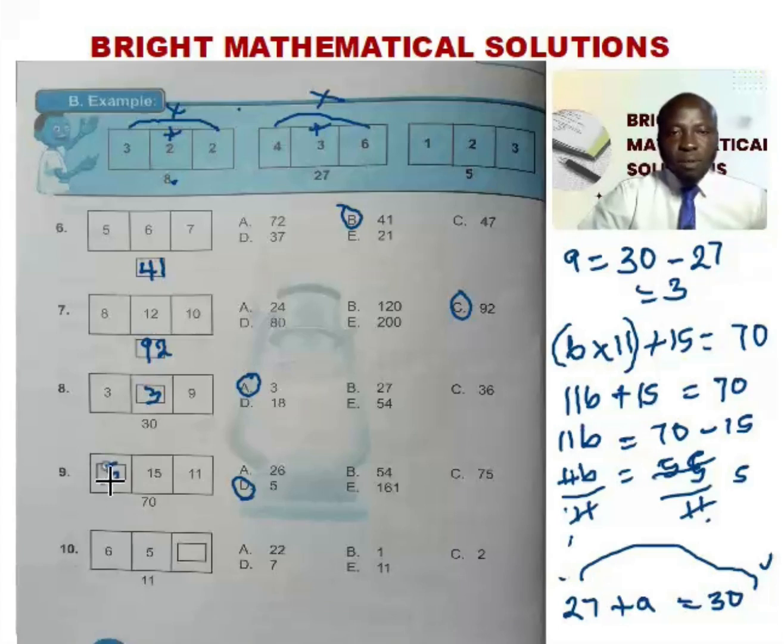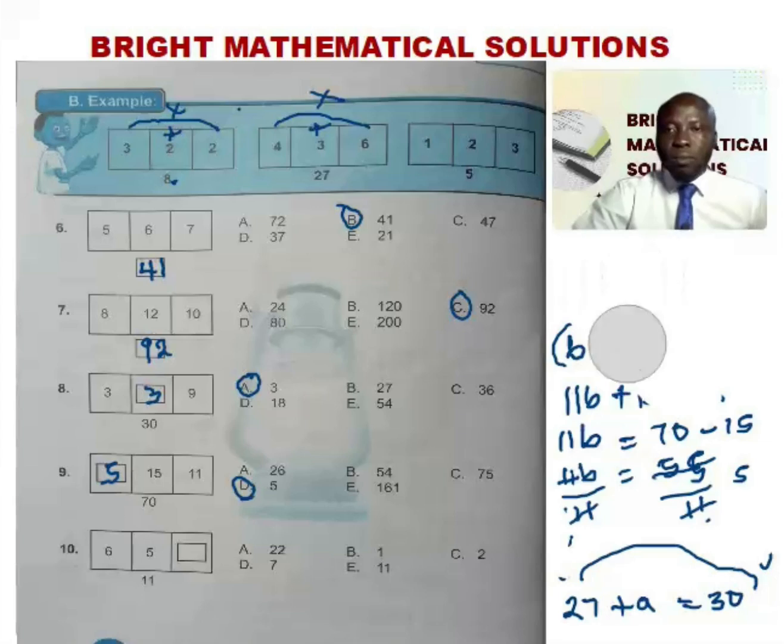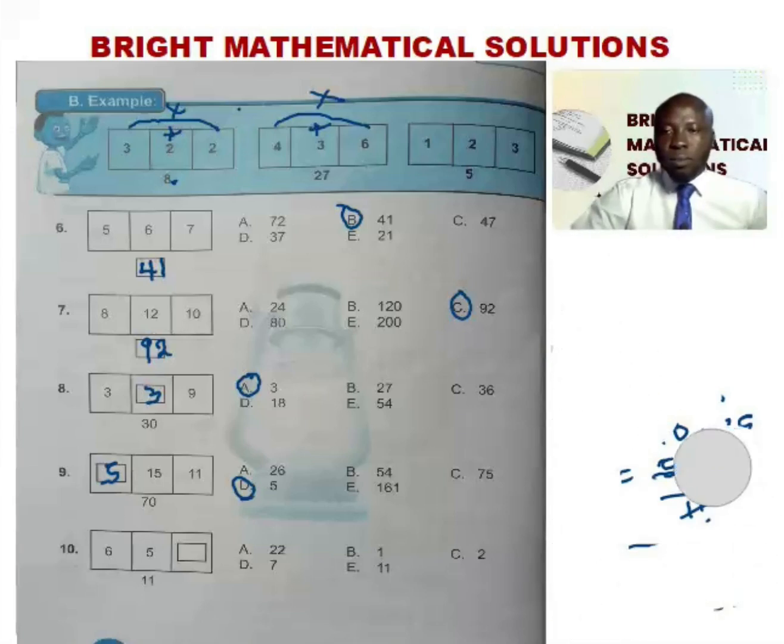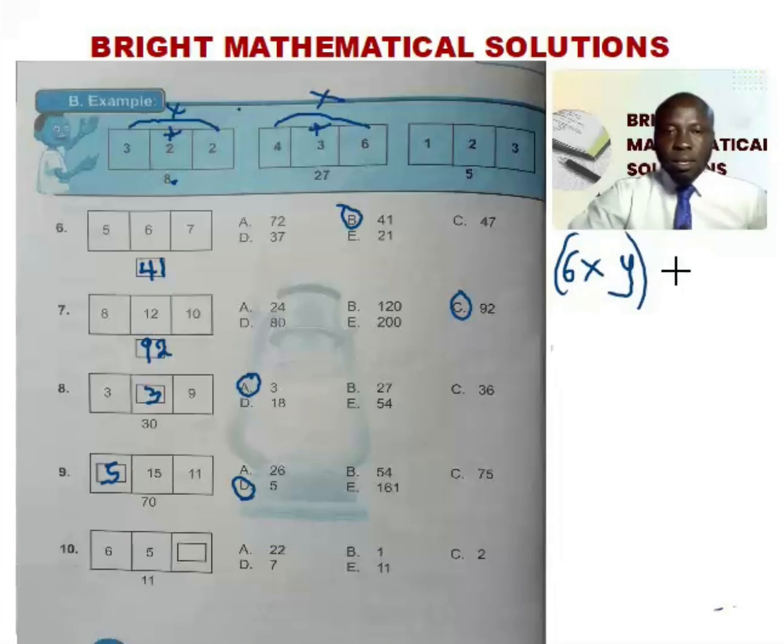Now let us look at the last one. We have 6 multiplied by unknown. Let our unknown be y, plus 5 equals 11.